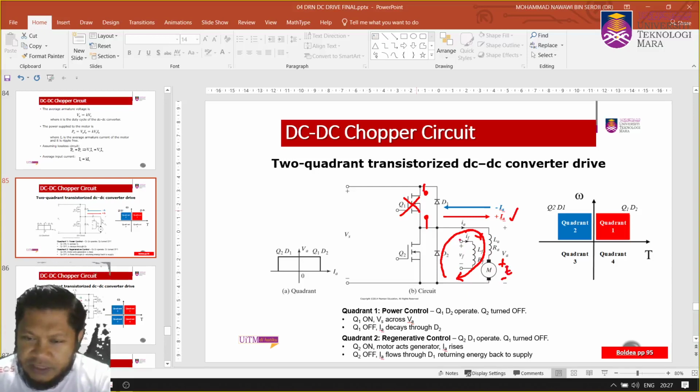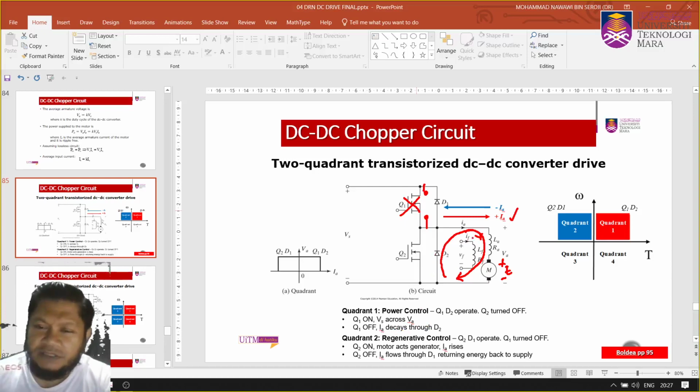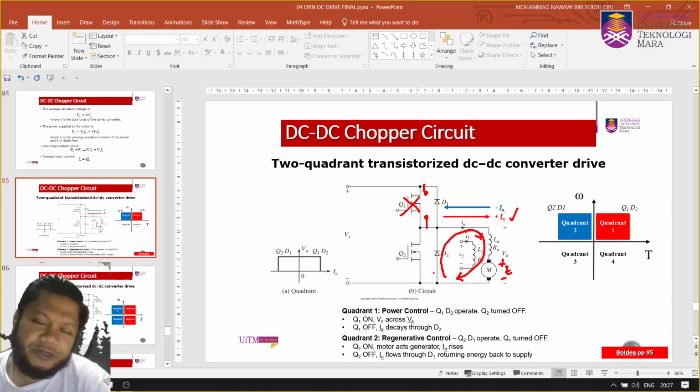That forces current to reduce. So that's why you have this decay through D2. So in this state, we still have it working in quadrant 1, but now current starts to reduce. Okay, so that is the quadrant 1 operation.